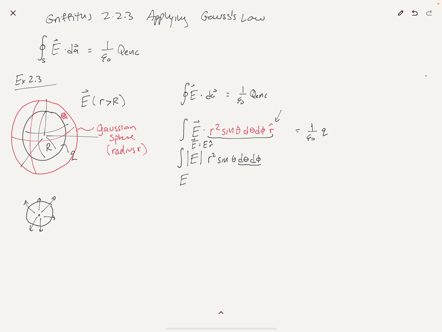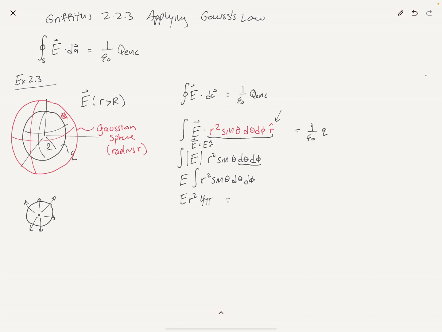I'll remove the bars because we're talking about magnitudes. And I'm left with the integral of r squared sine theta d theta d phi. We talked about solid angles before. R squared is constant here, since R is the radius of my Gaussian sphere. And I'm left with the integral of sine theta d theta d phi, which is 4 pi.